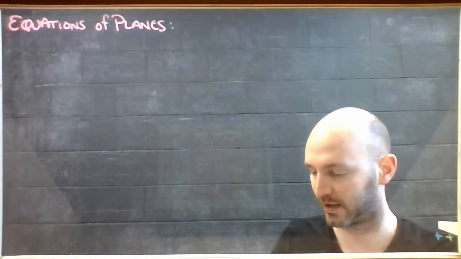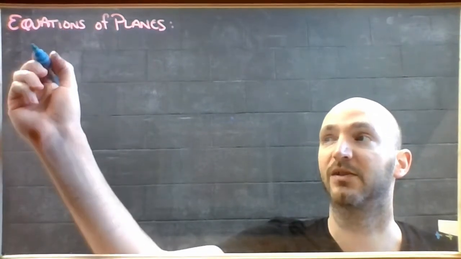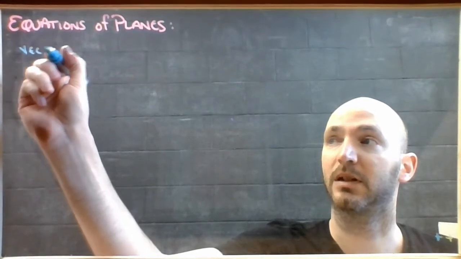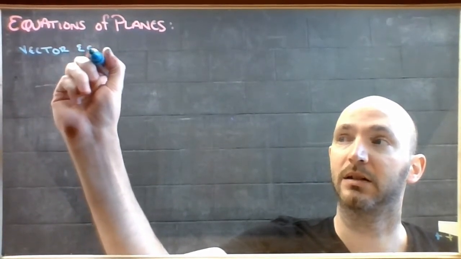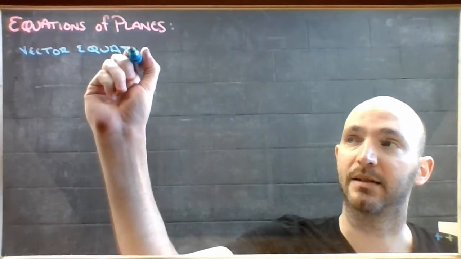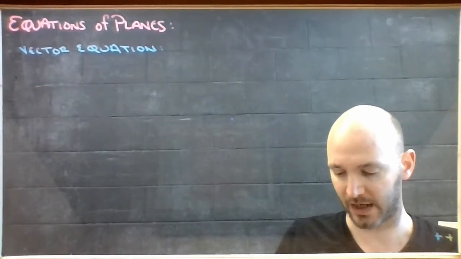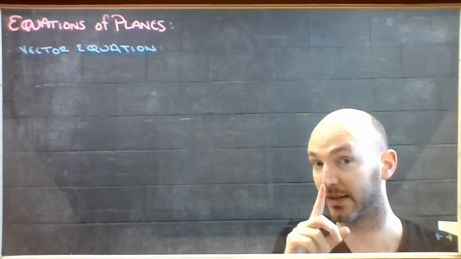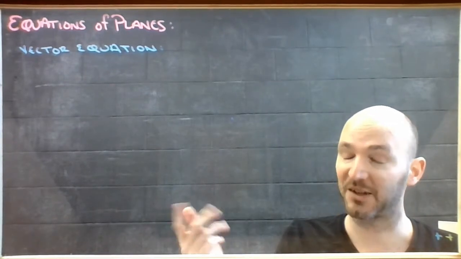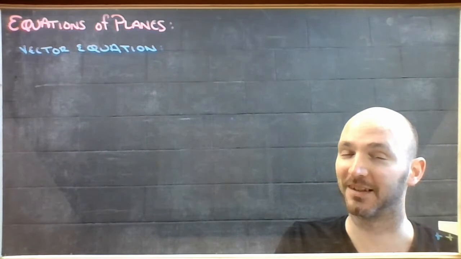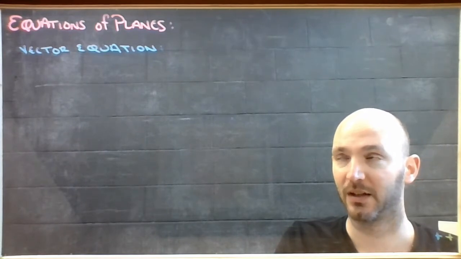Well, the simplest one, the vector equation of the plane, is probably the most direct one to understand. So first thing, I'm going to use the tip of my nose as the origin because, as you figured out by now, I am obviously the center of the universe.